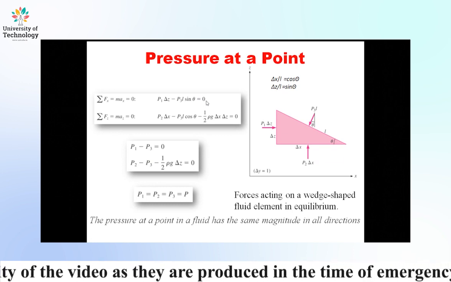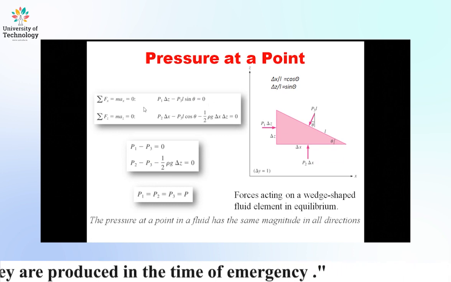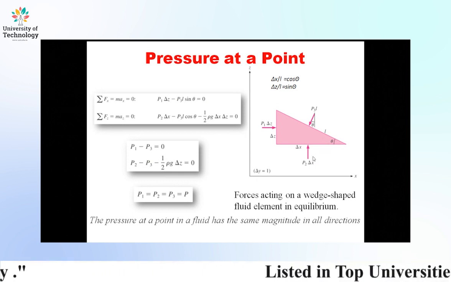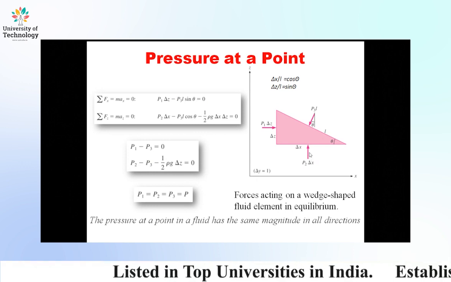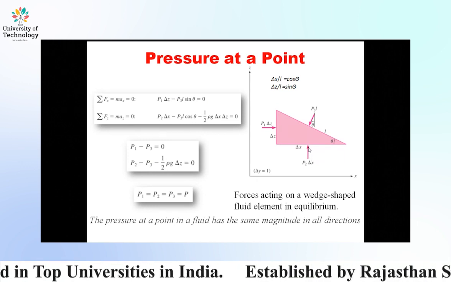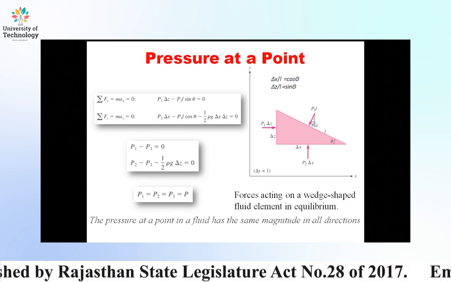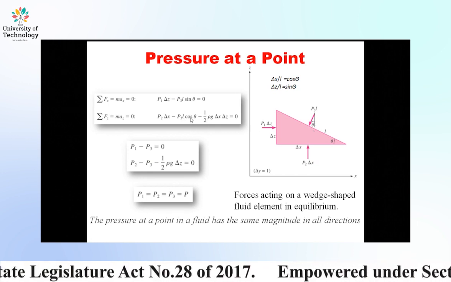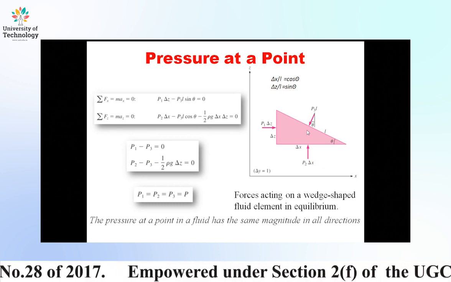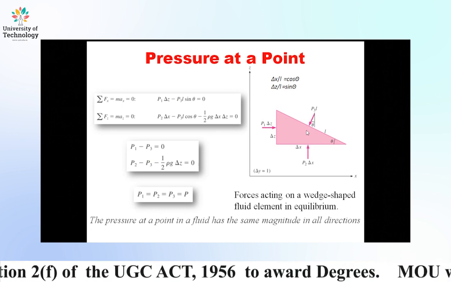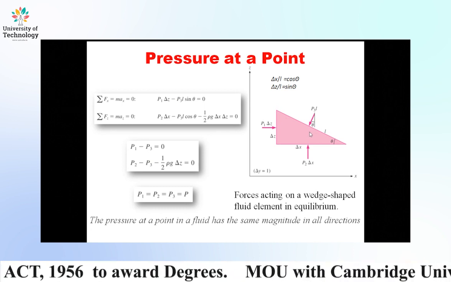Now the summation of force in the direction of z is equal to 0. P2 delta x, positive value. Then this P3L cos theta is in the downward direction, so minus P3L cos theta. Weight acts in the downward direction. What is weight? W is equal to m multiplied by g. What is m? Mass of the fluid element, which is equal to density multiplied by volume.